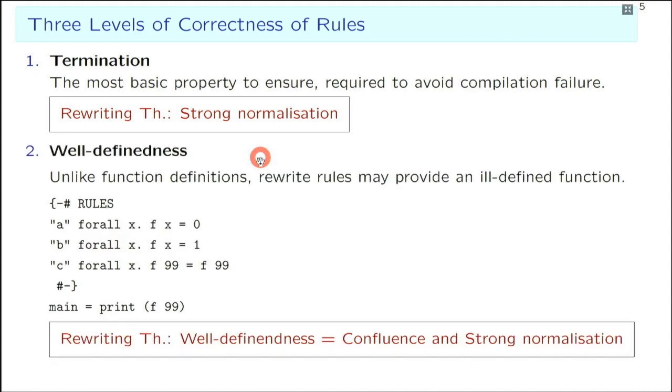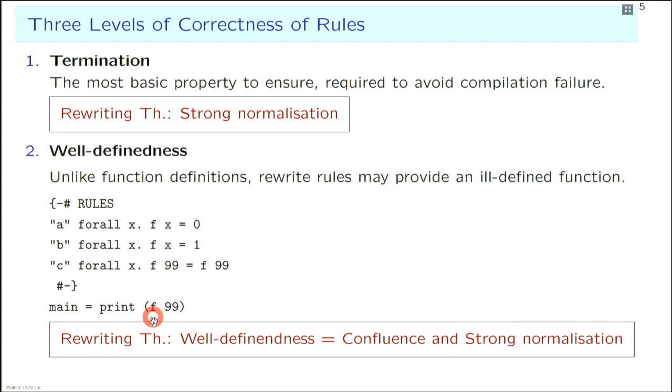And the second is about well-definedness. Unlike function definitions, rewrite rules may provide an ill-defined function. For example, this is a legal description of Haskell's rewrite rules, but we cannot predict what the output of this main is, because in GHC no particular rewriting strategy is assumed for applying rewrite rules.